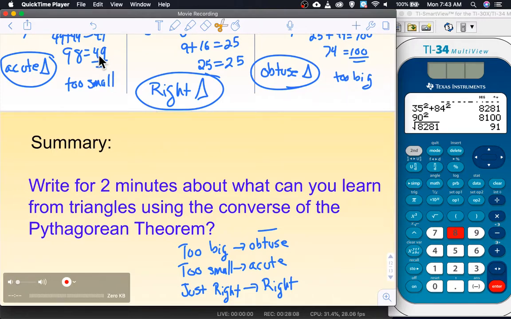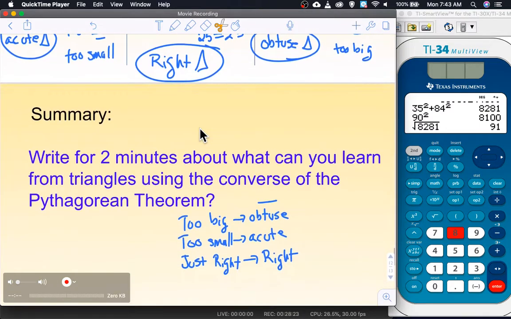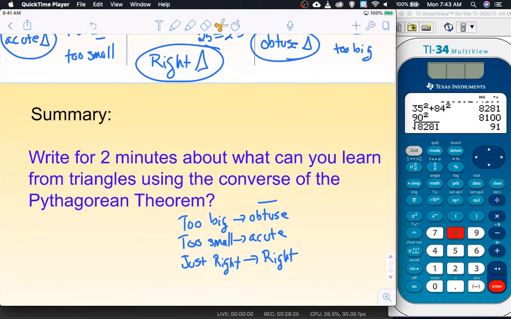If the hypotenuse was too small, you would have an acute triangle. And if the hypotenuse was just right, if the Pythagorean theorem, the math works out, you are looking at a right triangle. So that's the main goal of what you can figure out using the converse of the Pythagorean theorem.